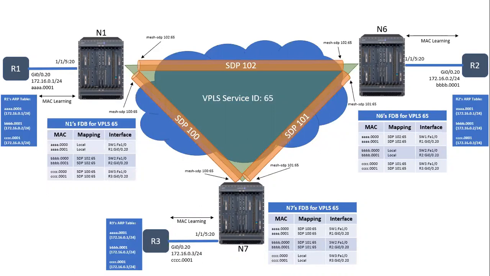The first being that in a VPLS, the provider edge routers are MAC aware, which means that they learn the MAC addresses of the customer equipment. So in our case, R1's MAC address is learned by N1, R2's MAC address is learned by N6, and R3's MAC address is learned by N7.